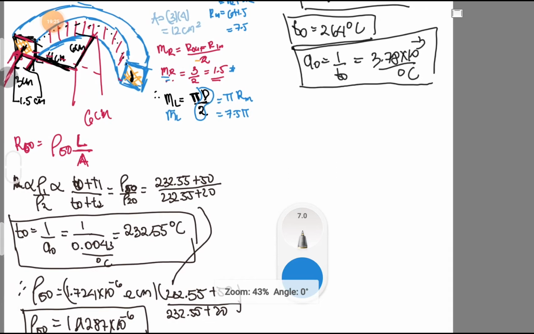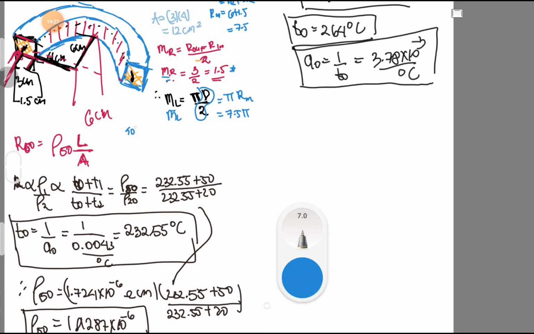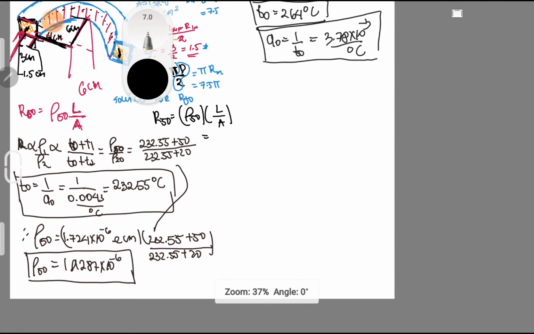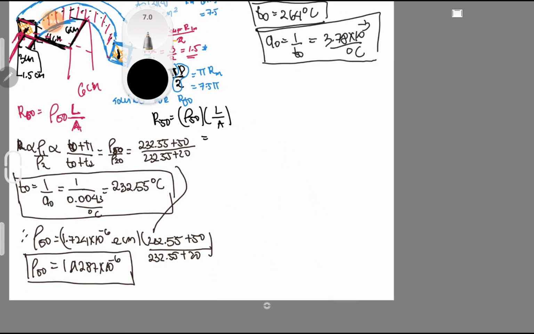Okay, so solving for R50, R50 is equal to rho 50 multiplied by our min length divided by A, which means we'll have a value of our rho 50 which is equal to 1.92. So this is store at B.